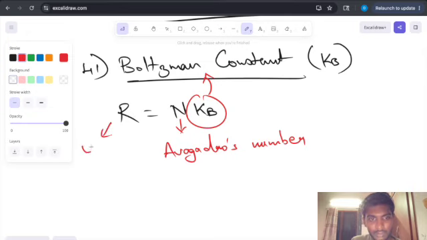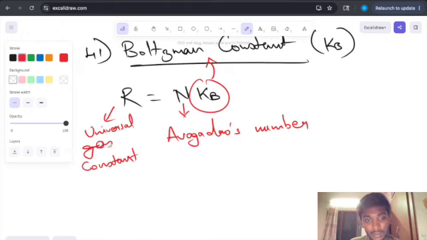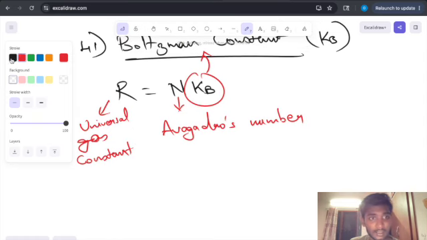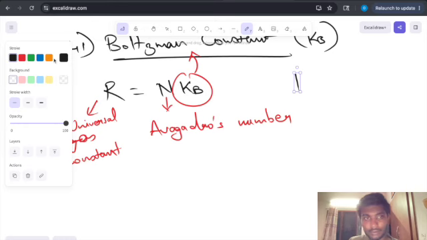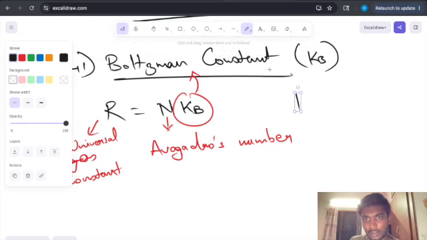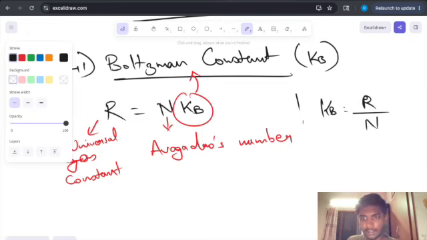R is universal gas constant. You might have been aware of Avogadro's number in chemistry, maybe in class 9th. So from this, we rearrange this equation in terms of K B. So K B equals R by N.